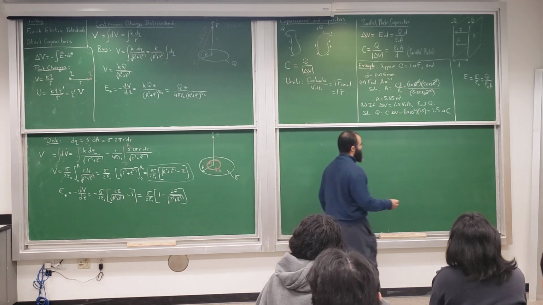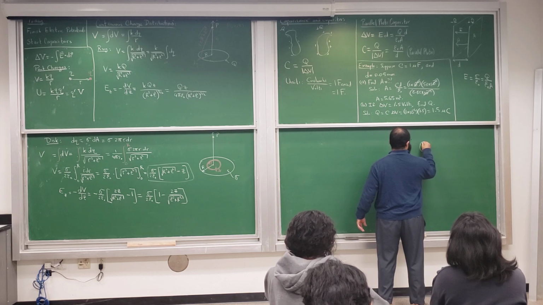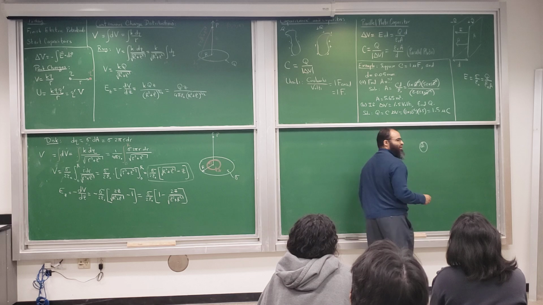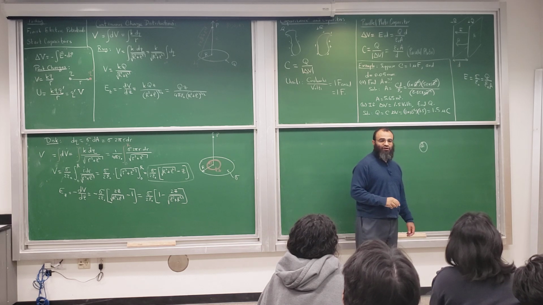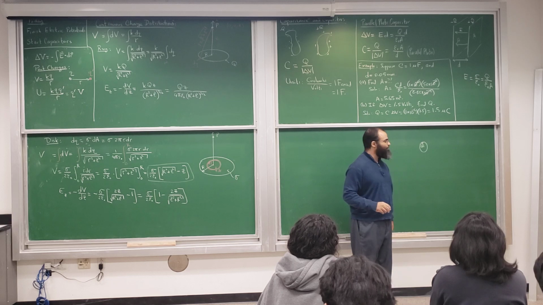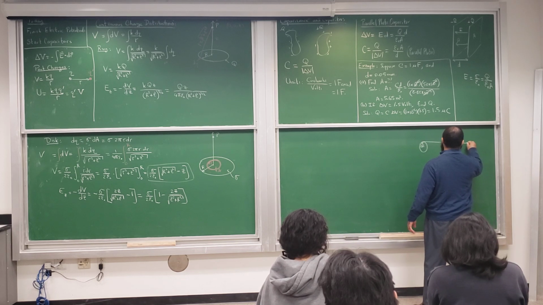So here is an inner cylindrical shell. It doesn't matter whether it's a shell or a solid. After all, it's a conductor, so where would the charge go? Outside. Yeah. So here is the first shell.